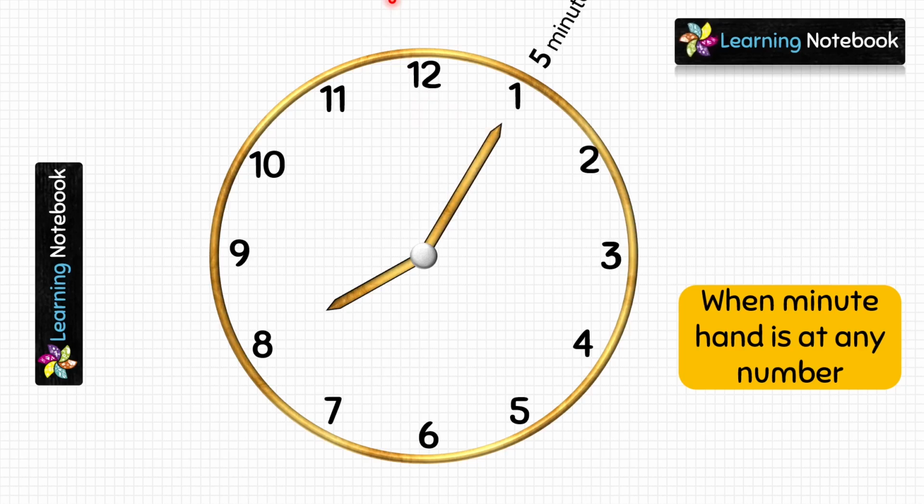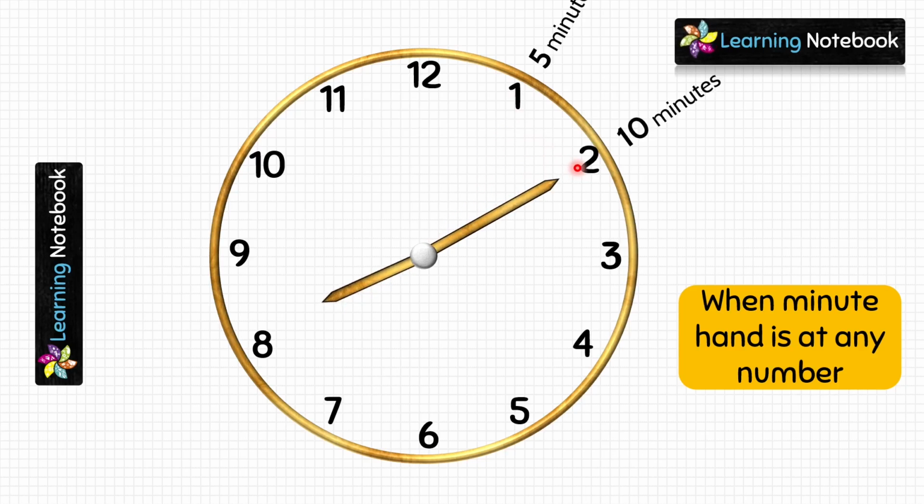So this means it moves from 12 to 1 in 5 minutes. Then it moves from 1 to 2 in another 5 minutes. So students, the total time to move from 12 to 2 is 10 minutes. 5 plus 5 equals 10 minutes.